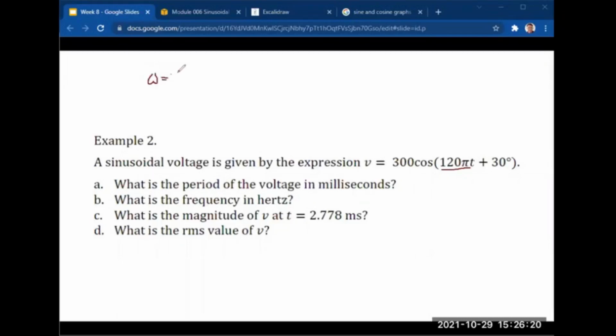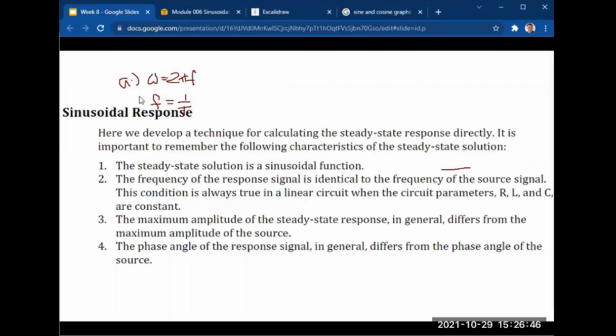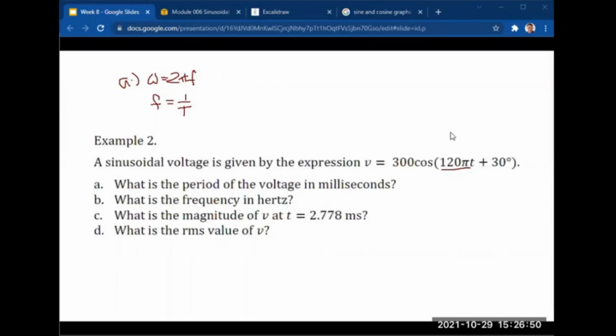Omega again is equal to 2 pi f, and f is equal to 1 over T. Omega is 120 pi, so it is equal to 2 pi f.